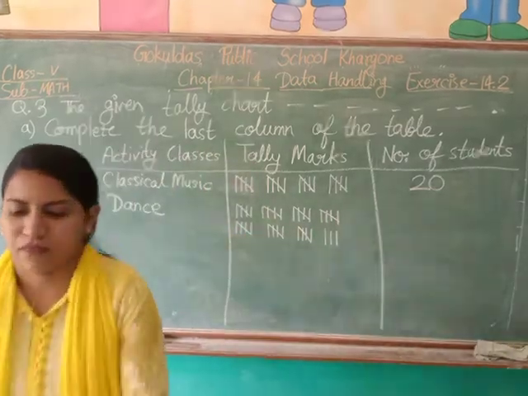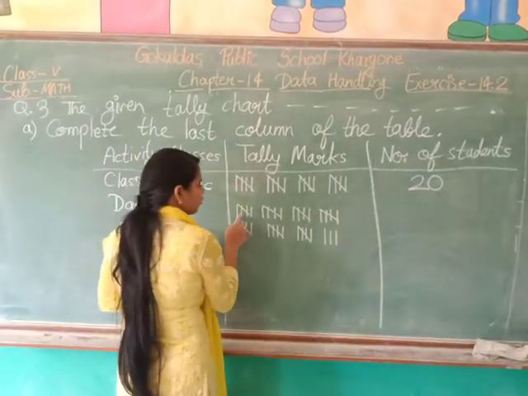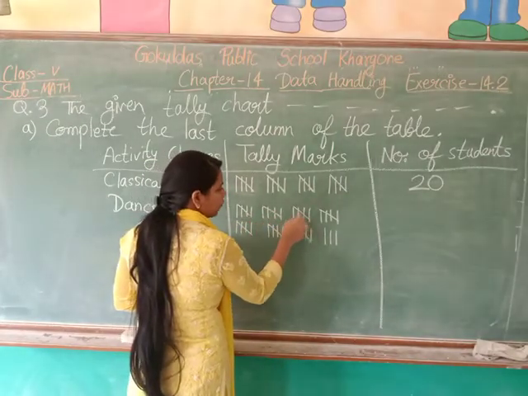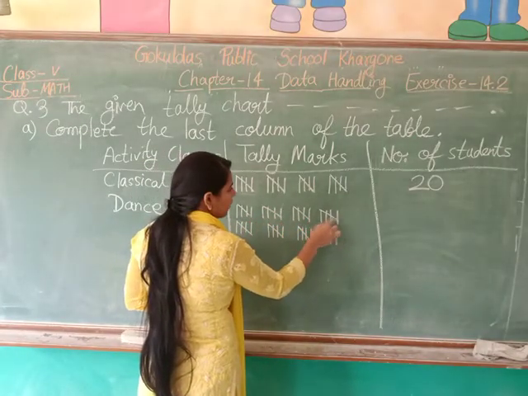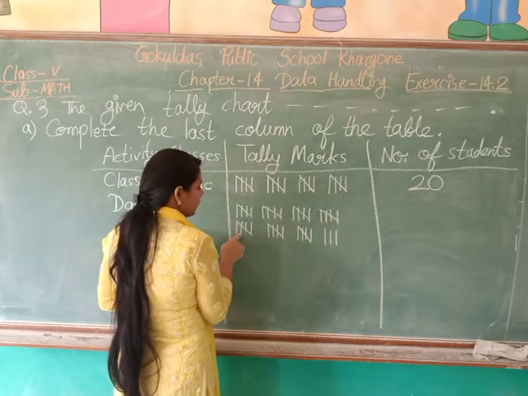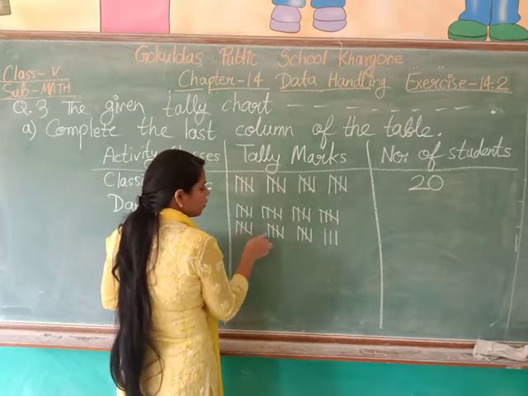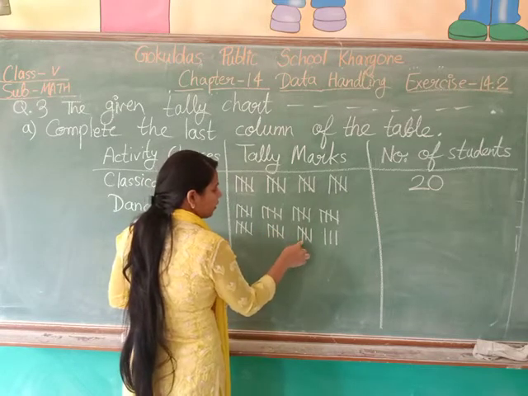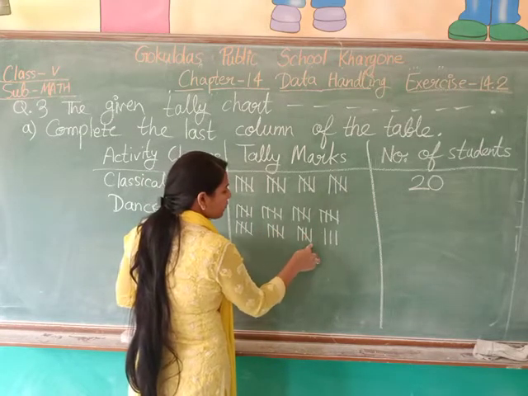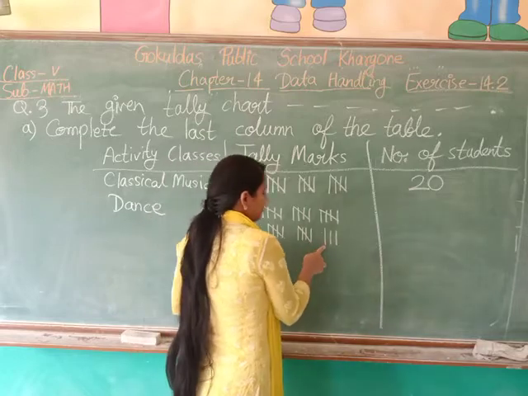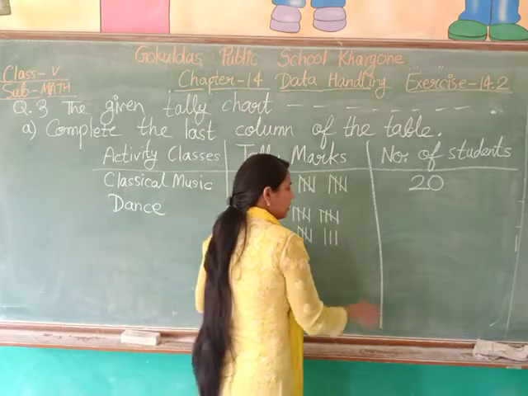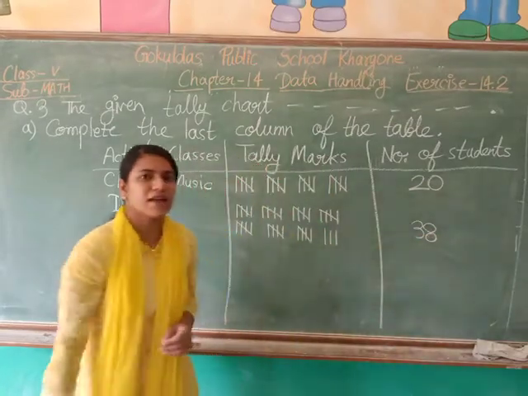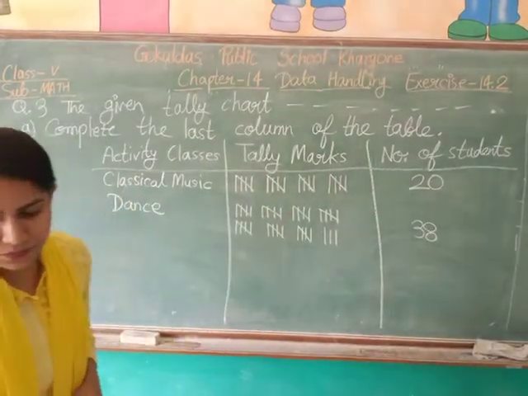So let me count. 1, 2, 3, up to 20, 21, 22, up to 35, then 36, 37 and 38. Number of students are 38.